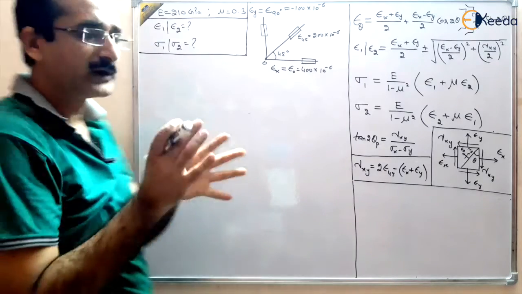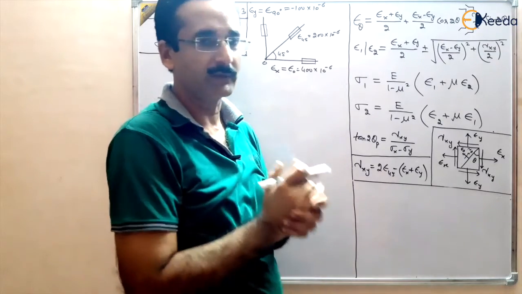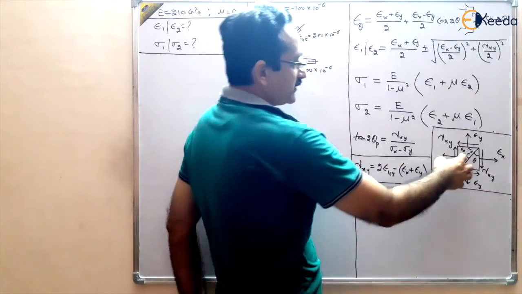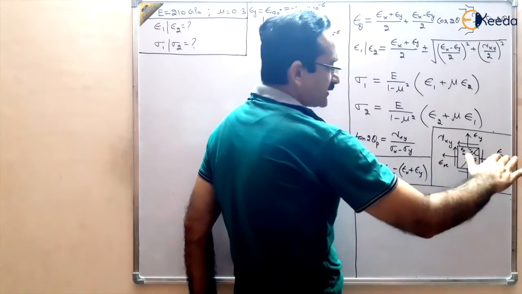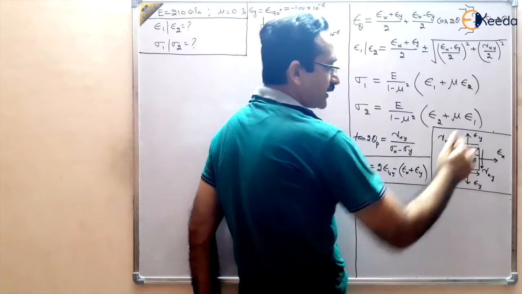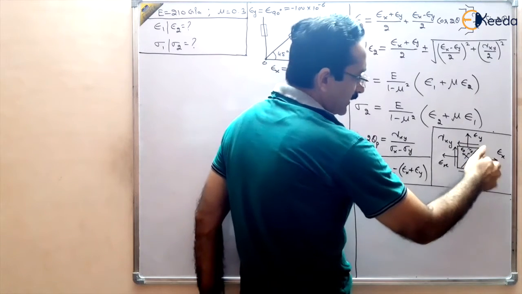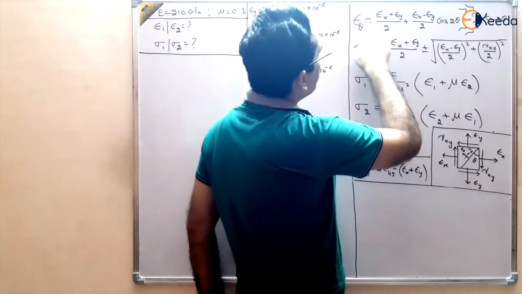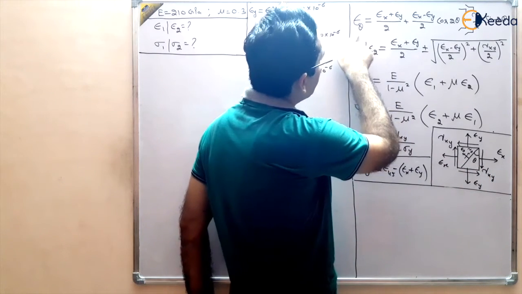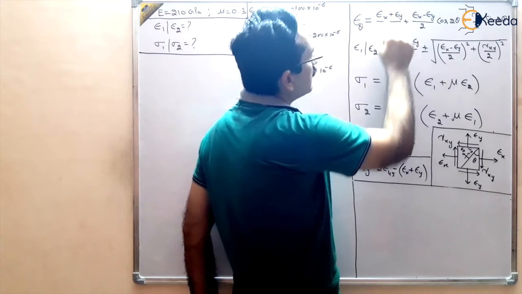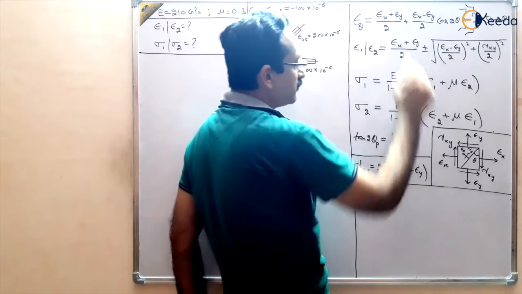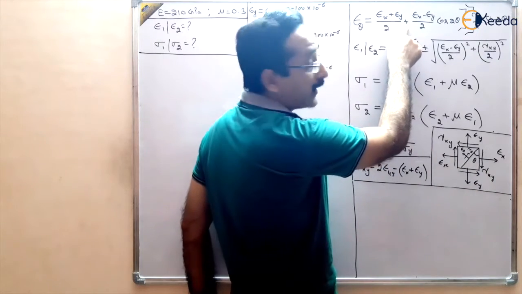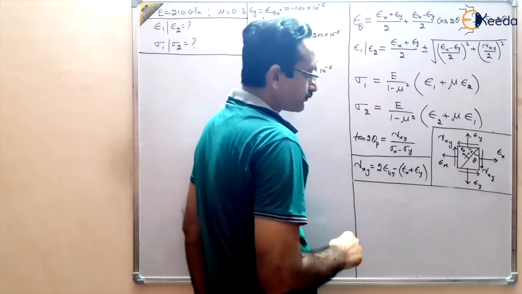So let us remind some formulas of the principal strains. Suppose this is our strain element which is given. The epsilon x is applied on the x-axis, in y-axis strain is applied epsilon y. Theta we are taking with the vertical, and if you are taking theta with the vertical, you will get the strain at an angle theta, you will get positive here, right? Remind here that if you would have taken theta with horizontal, here it should be negative, now it is positive.